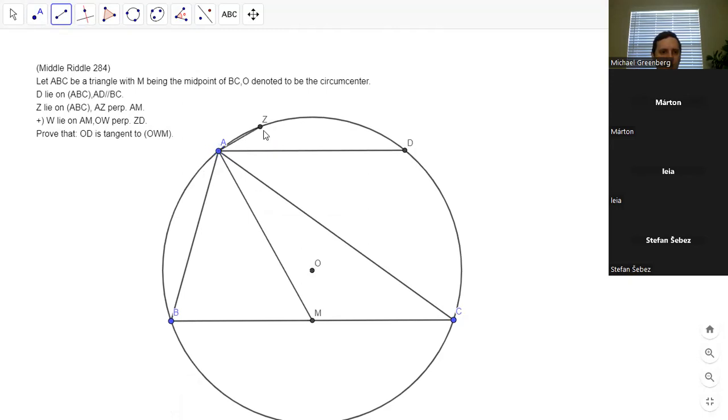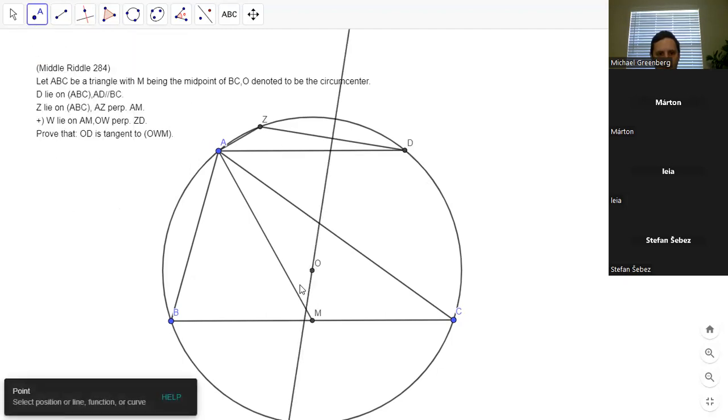Okay. W lies on AM, so that OW is perpendicular to ZB. That's kind of weird, but okay. So we'll draw the perpendicular to ZB. Whoops, not that, but this.